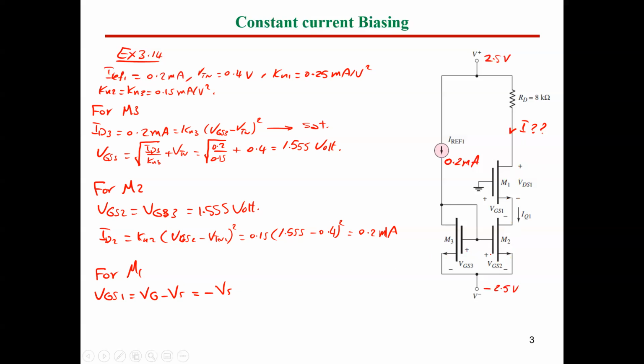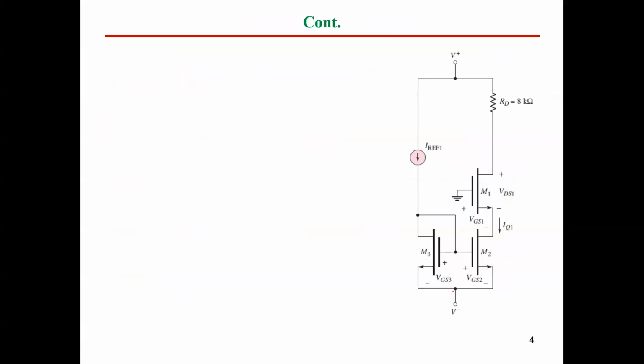From the circuit, we can write that VGS for MOSFET 1 equals, from the current equation, the square root of ID of MOSFET 1, which is equal to ID of MOSFET 2, divided by Kn for MOSFET 1, plus V threshold.